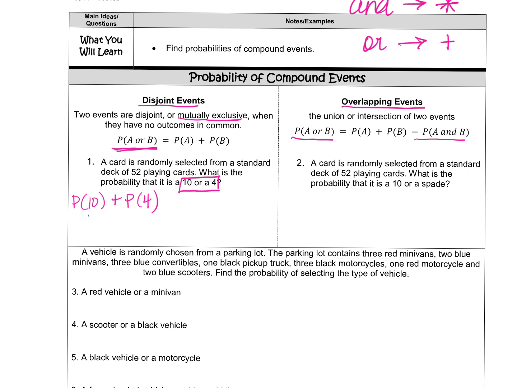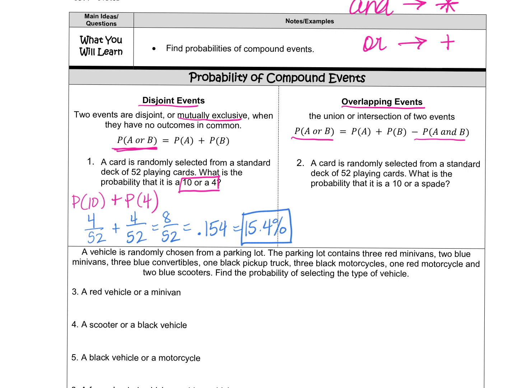So there are 4 out of 52. There are also 4 4s. There's 4 of everything. So this is 8 over 52, which is 0.154, or 15.4%. So if I were to take a deck of cards, lay them out on the desk, and tell you to draw a card, you have a 15.4% chance of it being a 10 or a 4.